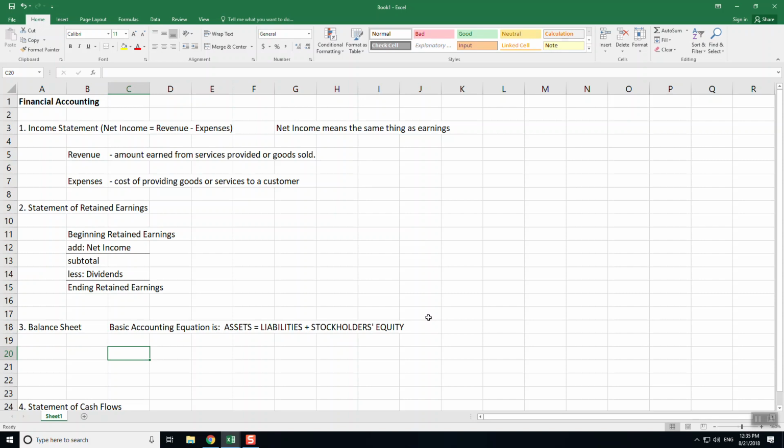I mean, the real technical definition would be something that the company owns, has title to, that has economic value or has future economic value. So when you think about economic value, that means you could convert it into money, or in the future you could convert it into money.